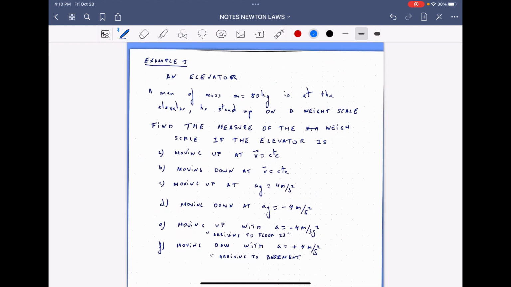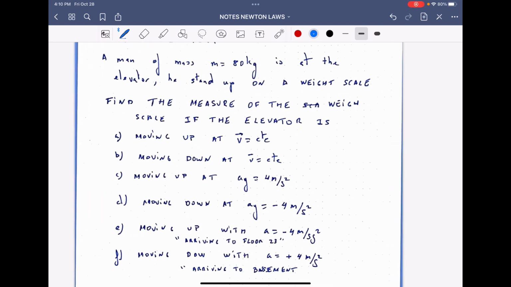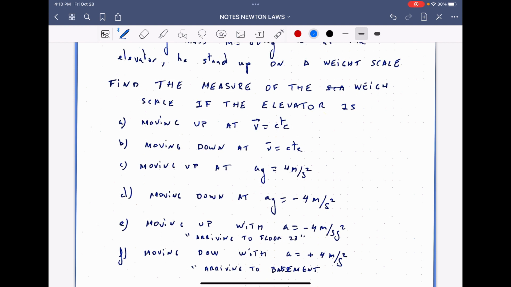All right, so here's an example with the elevator. It says a man of mass m equals 80 kilograms is in the elevator. He stands on a weight scale. Find the measure on the weight scale if the elevator is moving up at constant v, moving down at constant v, moving up at ay equals 4 meters per second squared, and then moving down at ay equals negative 4 meters per second squared.